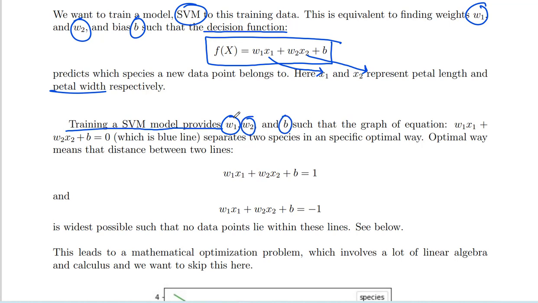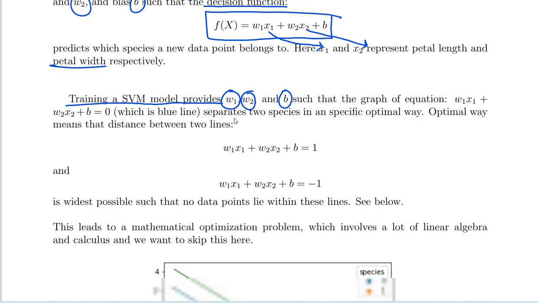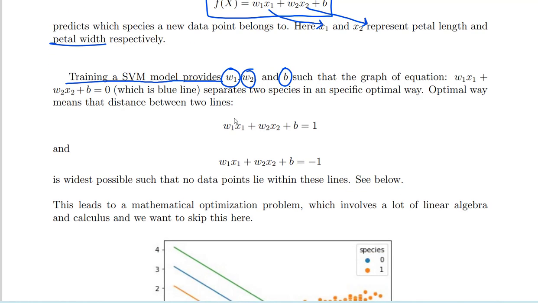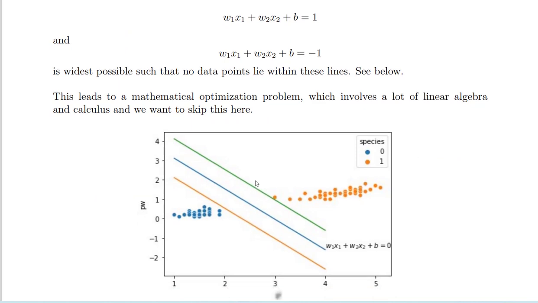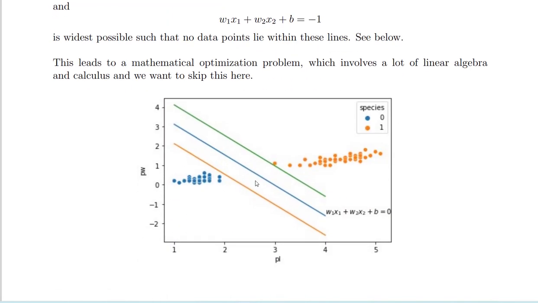How do we find these values? There is a lot of math behind this theory, basically we set up an optimization problem, and it consists of a lot of linear algebra and calculus, and I do not want to cover that in this video.